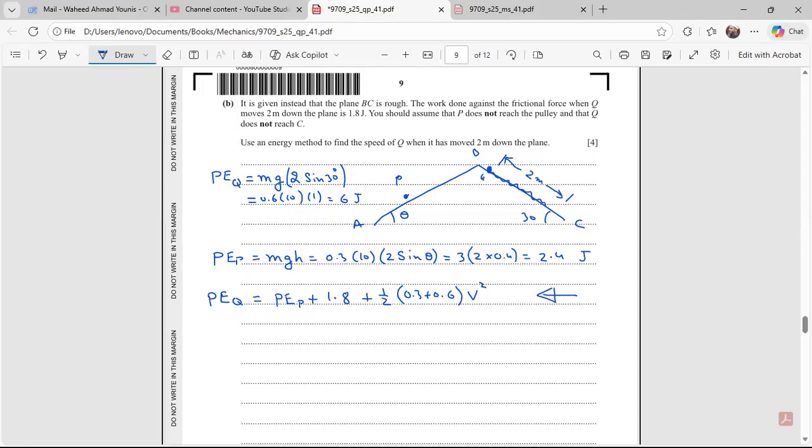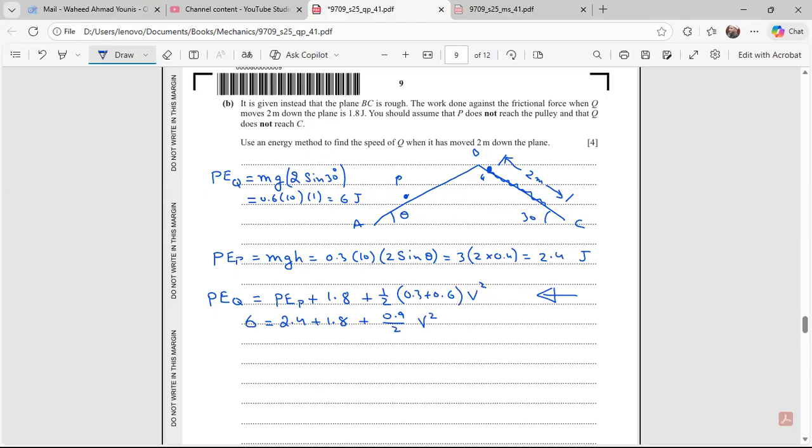So we will simplify this expression and find the value of v from here. So potential energy of Q was 6. So 6 equals the potential energy of P, 2.4, plus 1.8, plus 0.6 plus 0.3, which is 0.9, over 2 v squared.